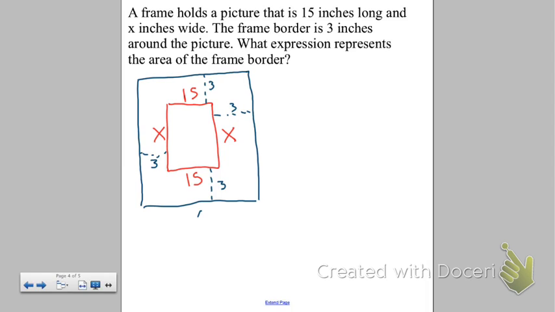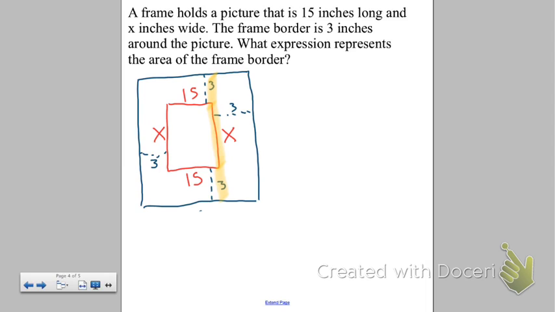So now I need to determine the dimensions of that blue picture frame. On the side here, this part is equal to x, this is 3, and this is 3.